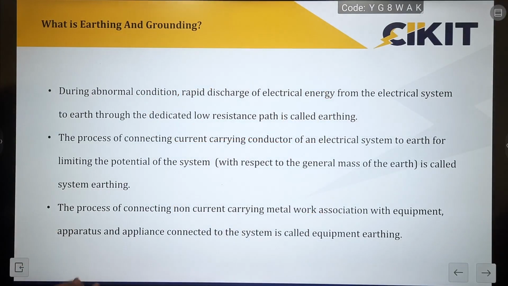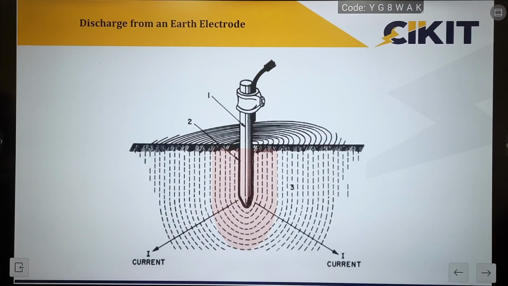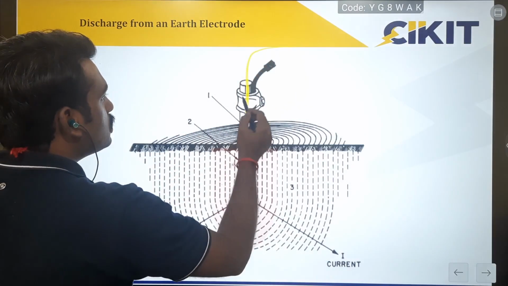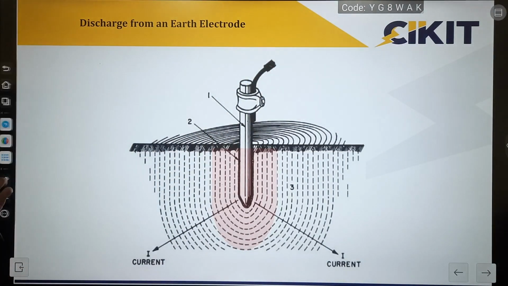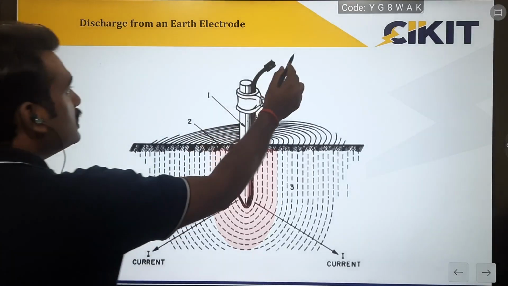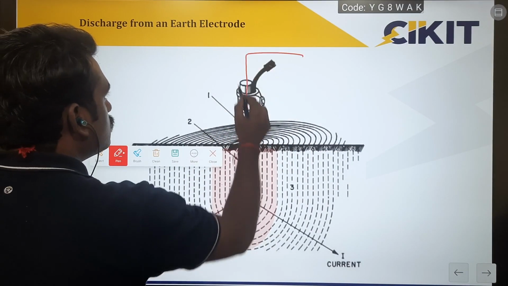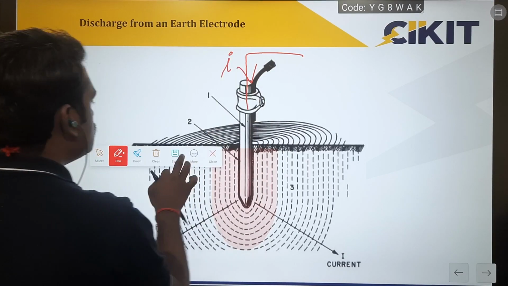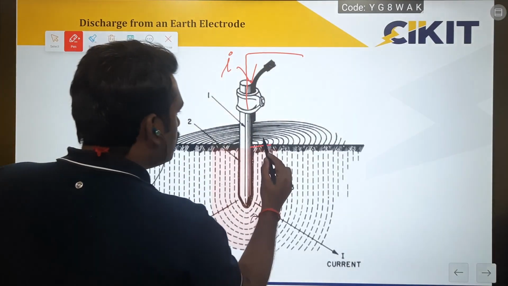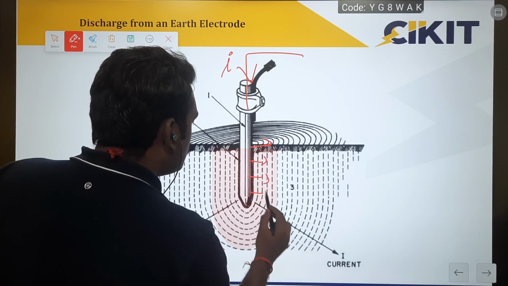And the ultimate aim of providing earthing is the safety of the operator. So if I am connecting this equipment body or neutral to earthing, what actually happens? If any current flows through this, then the current will be discharging from this earth electrode into the ground. So if a current of I is flowing through this, then this current will be discharging from this earth electrode into the soil.